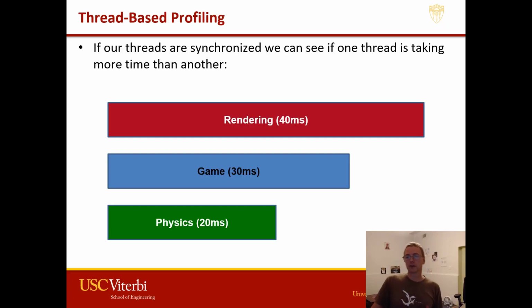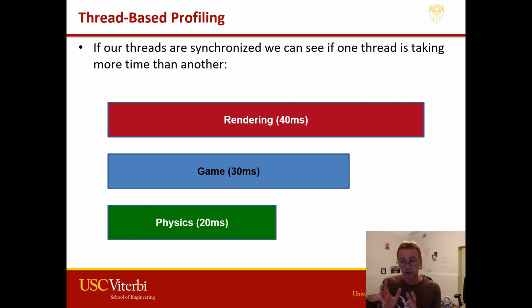So the first thing you want to do is look at where your bottleneck is. Like maybe you have multiple threads. For example, here's a game that has three main threads. We have a rendering thread, we have this game thread, and we have this physics thread. And the game can't advance until all those threads have finished doing their thing, right?